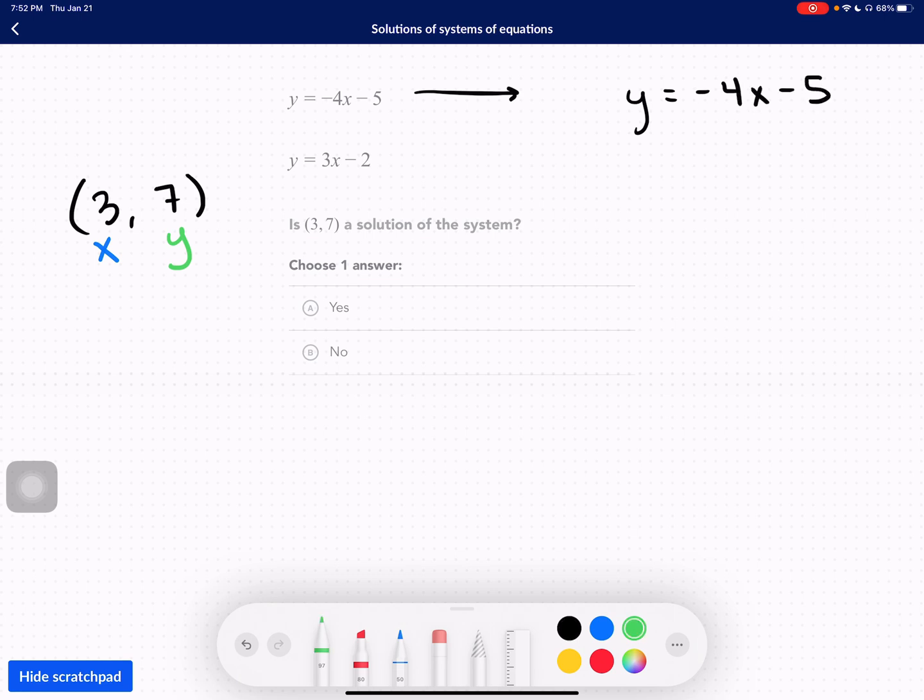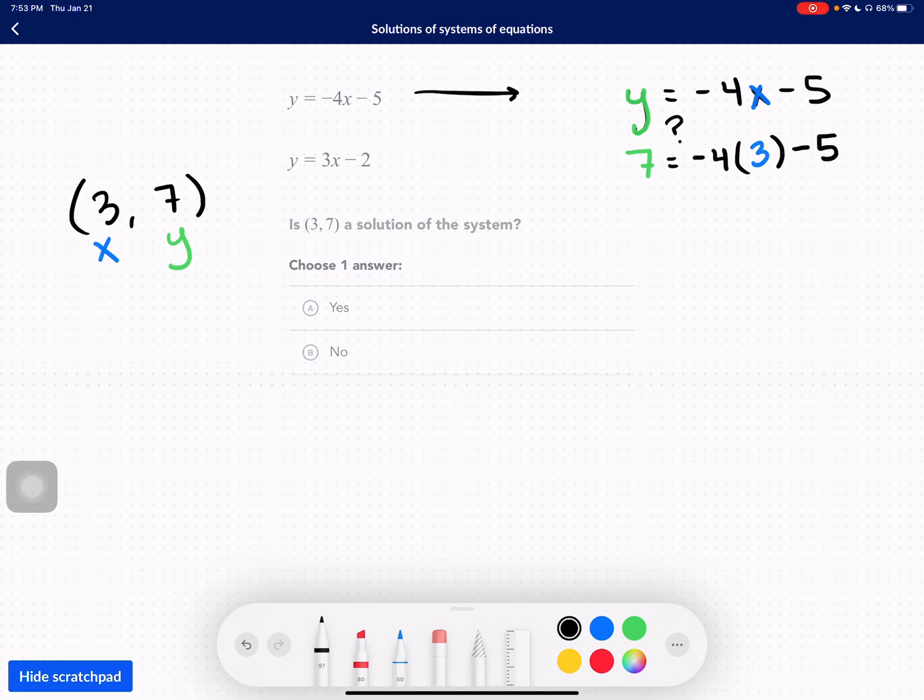Once again, for the y, we have to substitute in what it is from our point. So in this case, it's 7, equals -4x, that means they're being multiplied. And in this case, our x is a 3. So we're going to test this equation by plugging in that coordinate.